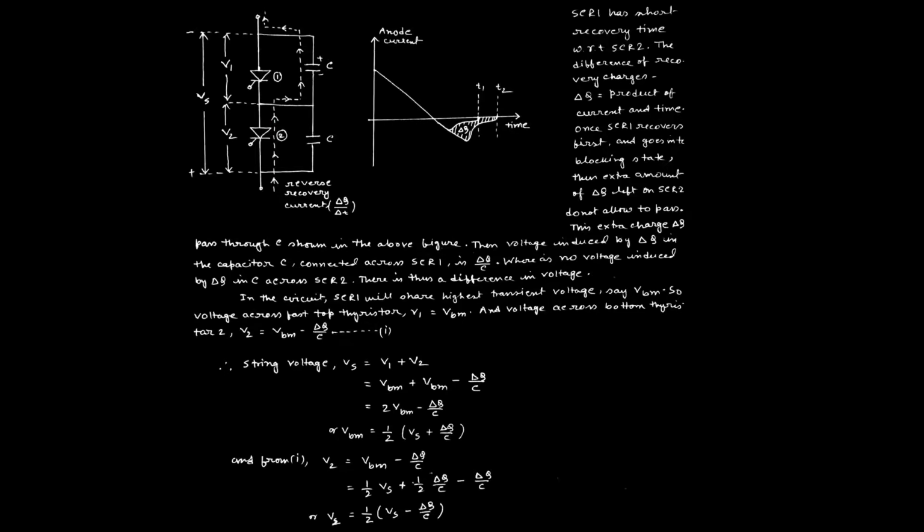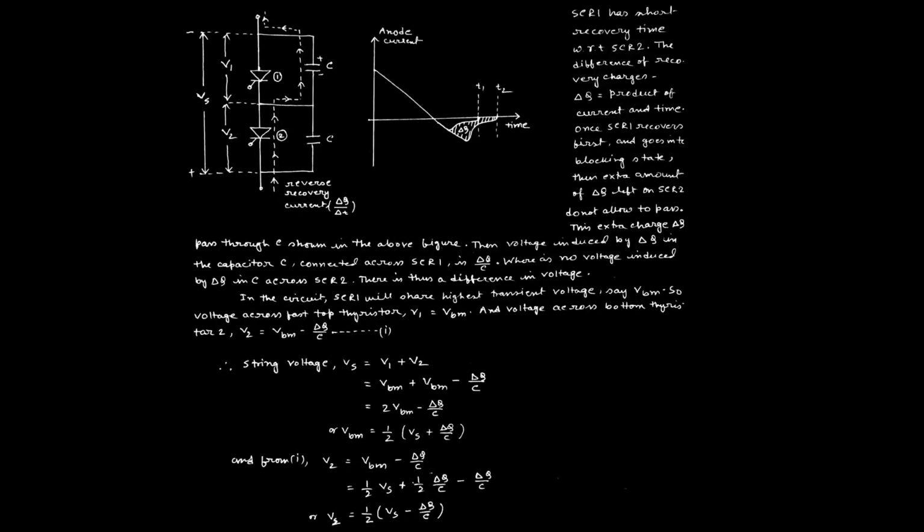And what happens when we assume SCR1 has a short recovery time with respect to SCR2? The difference of the recovery charges is del Q, which is the product of the current and the time. Once SCR1 recovers fast, it goes into the blocking state.